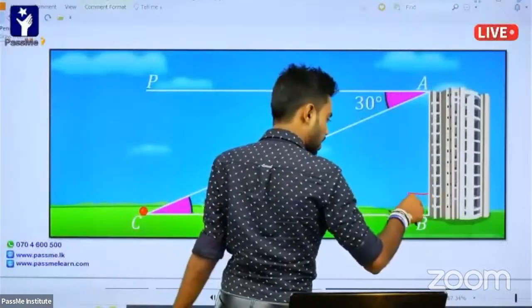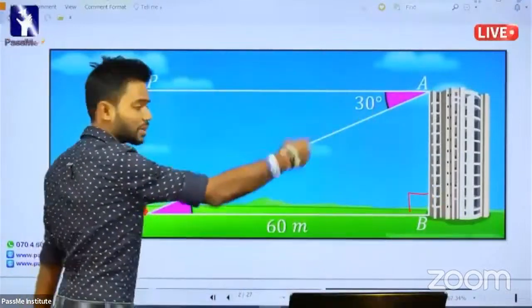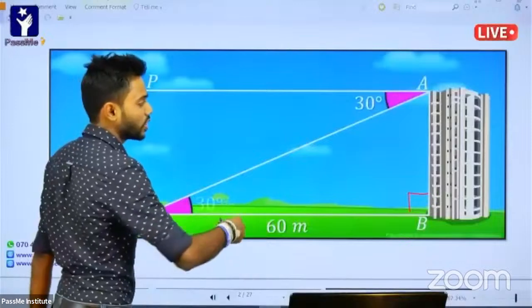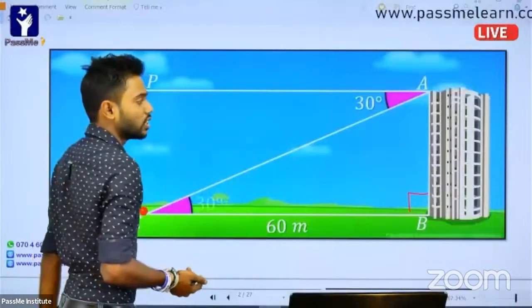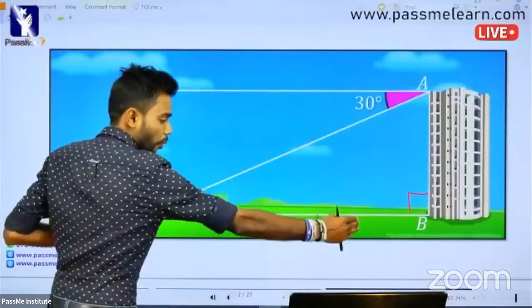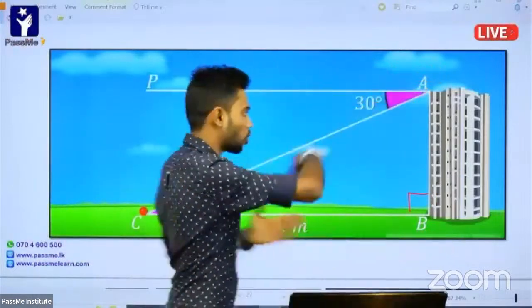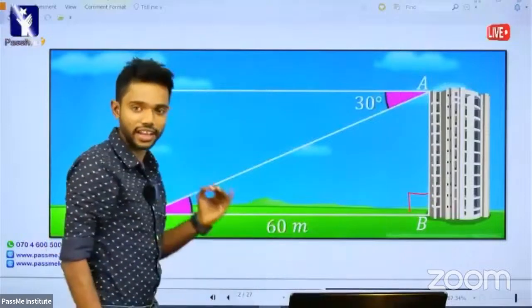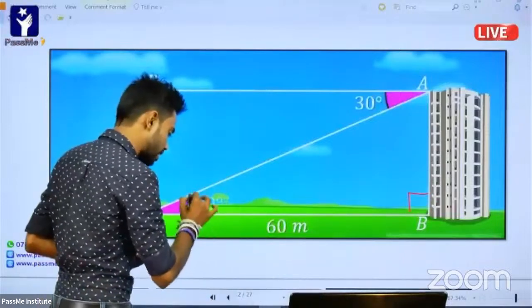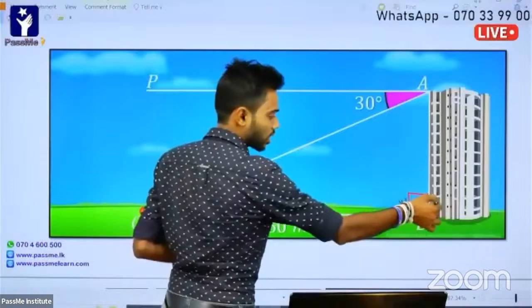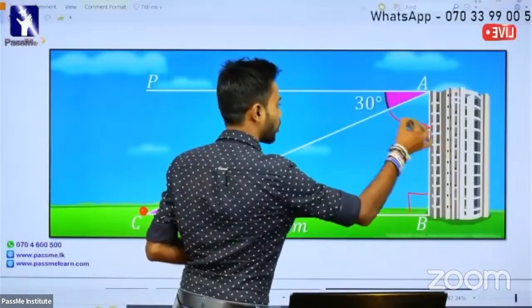Actually, this is 90 degrees. Therefore, you can see triangle ABC. So we are going to calculate this horizontal distance, this vertical height, or the inclined distance of the triangle. And also we can calculate this angle. We know this one as 90 degrees and we can calculate this one as well.